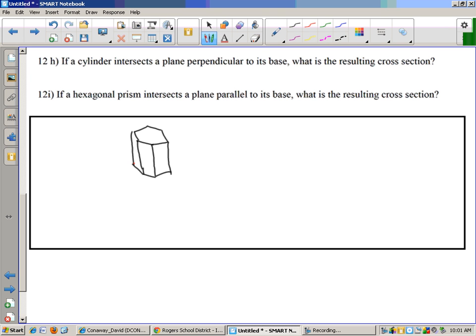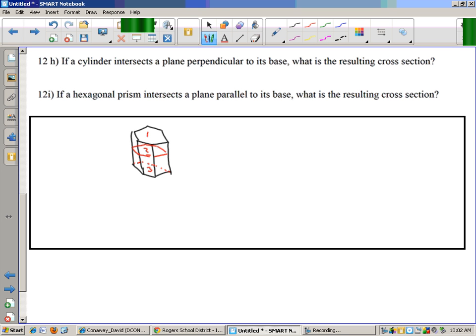The one thing I told you that sets prism-like objects apart is that every layer of this prism is going to be congruent to every other layer of this prism.